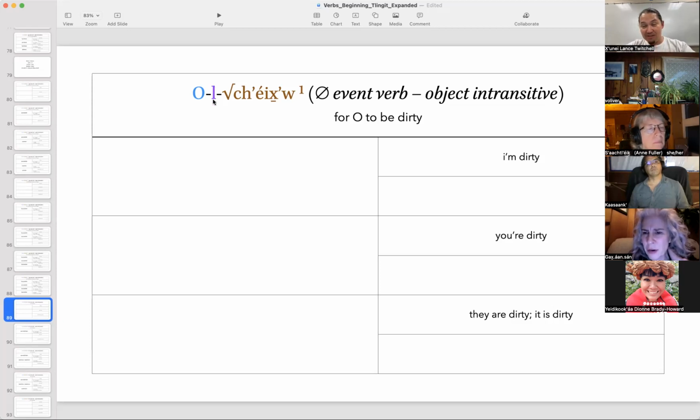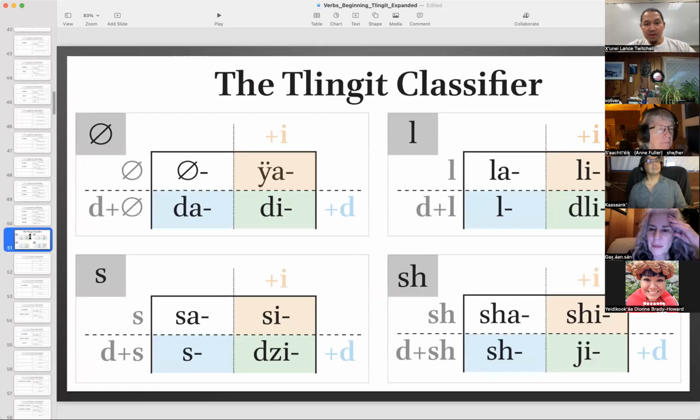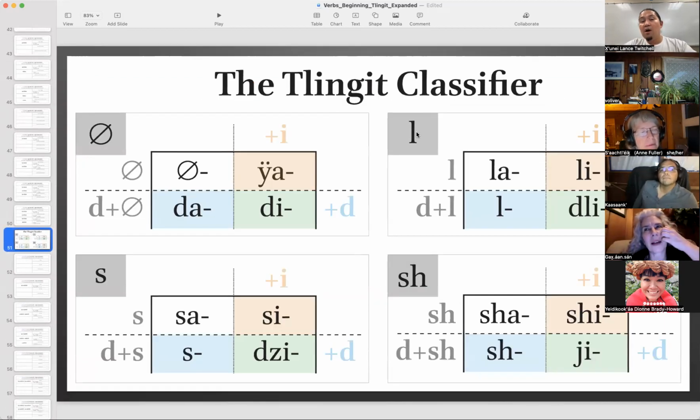Oh, we need the chart. I thought I had read that was like when you had an object. But maybe I, yeah, because it could be a noun for shadow or dirt, for something.